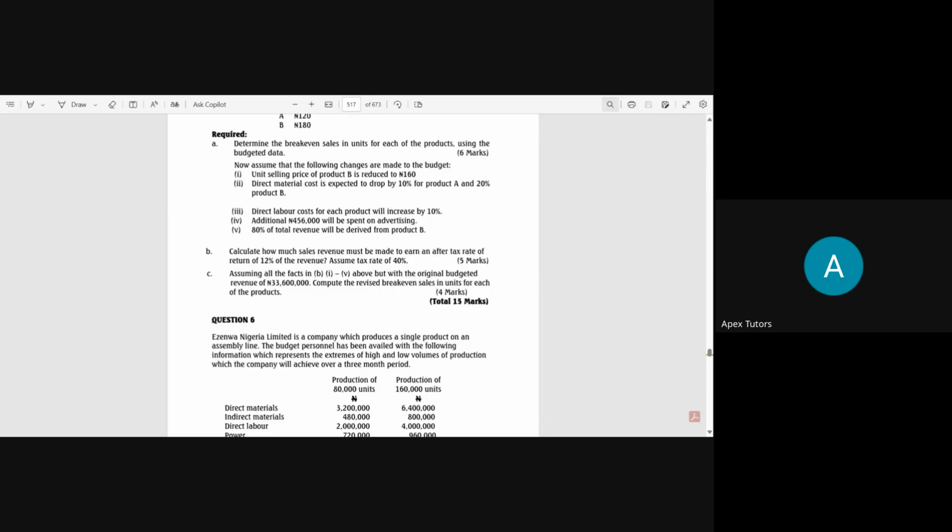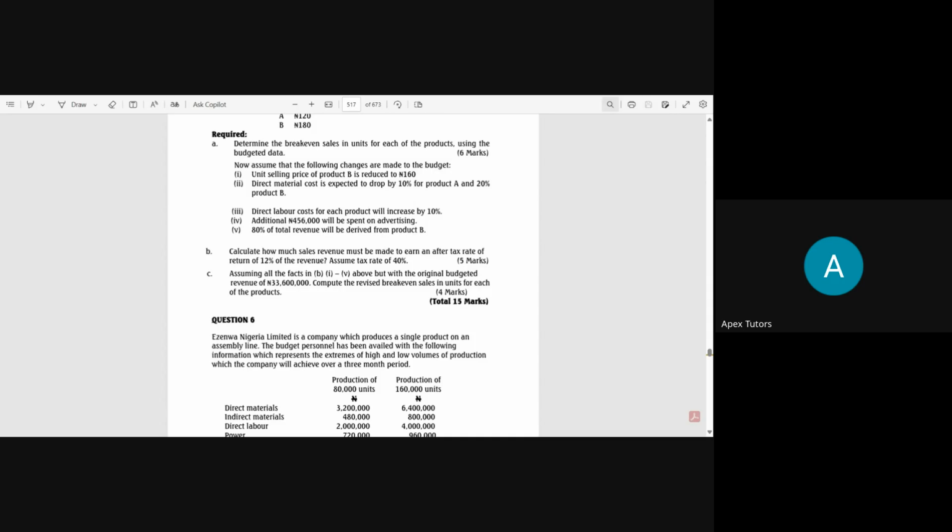Somebody will ask me, how did we get 20%? 100% is overall. If a fragment of 100% is 80%, what is the balance which belongs to the other product? That is why I'm saying product A, the weight of it in the overall revenue will be 20%.